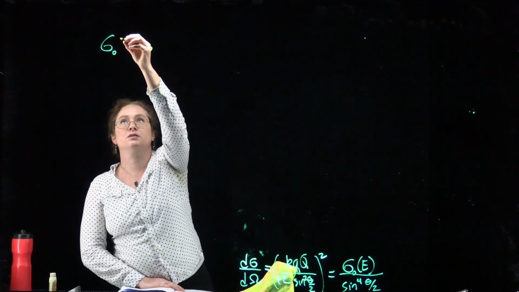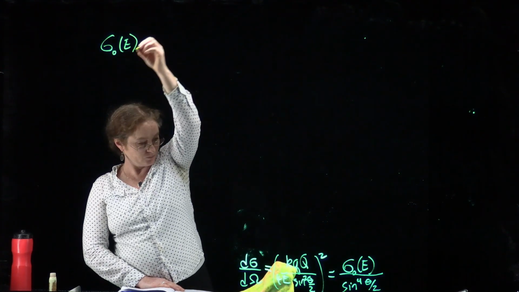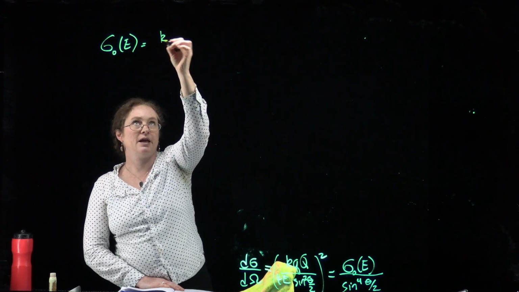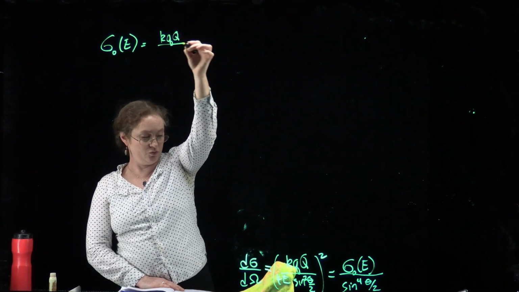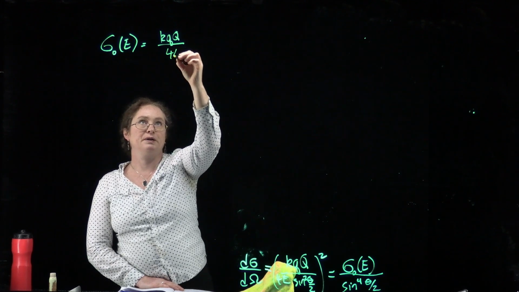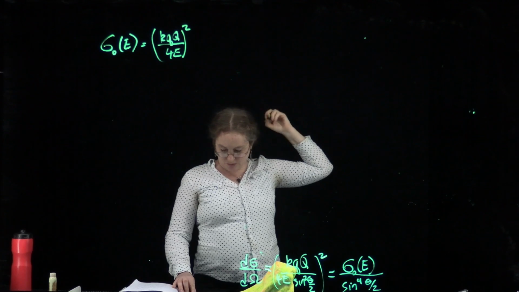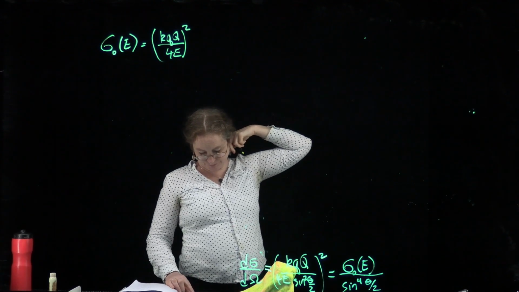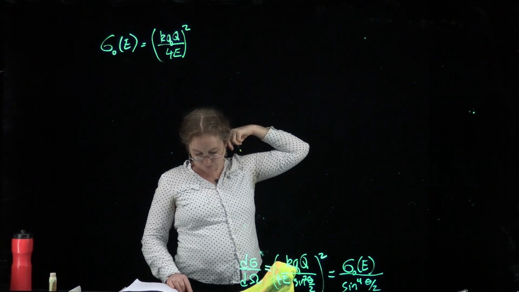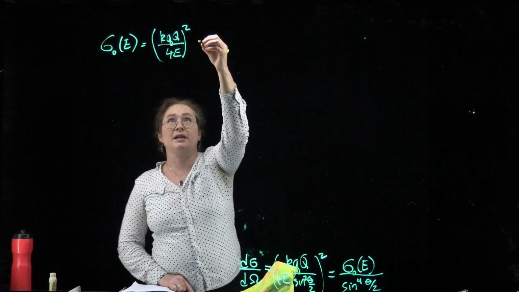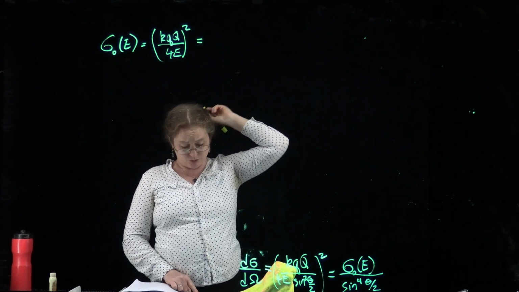σ₀(E) is (kZ₁Z₂e² over 4E) quantity squared. And we can actually leave this in electron volts.